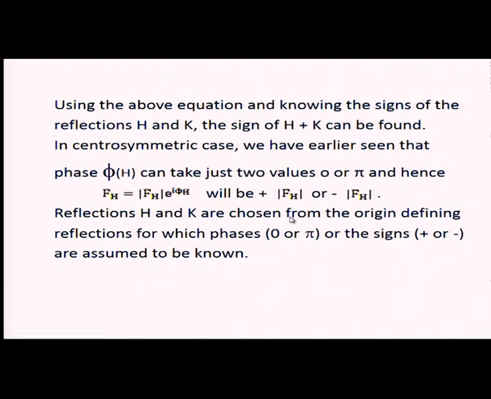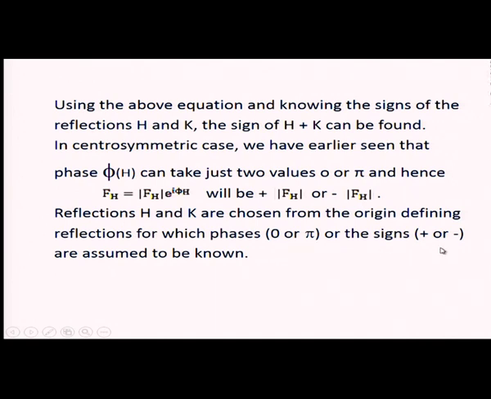Okay. Now, the reflections H and K are chosen from the origin defining reflections. So, this I will give you a separate lecture, how to choose origin defining reflections. In direct methods your phasing depends on origin defining reflections, because you use them and assume their phases or signs to be known. Phases means 0 or pi, or the signs plus or minus.